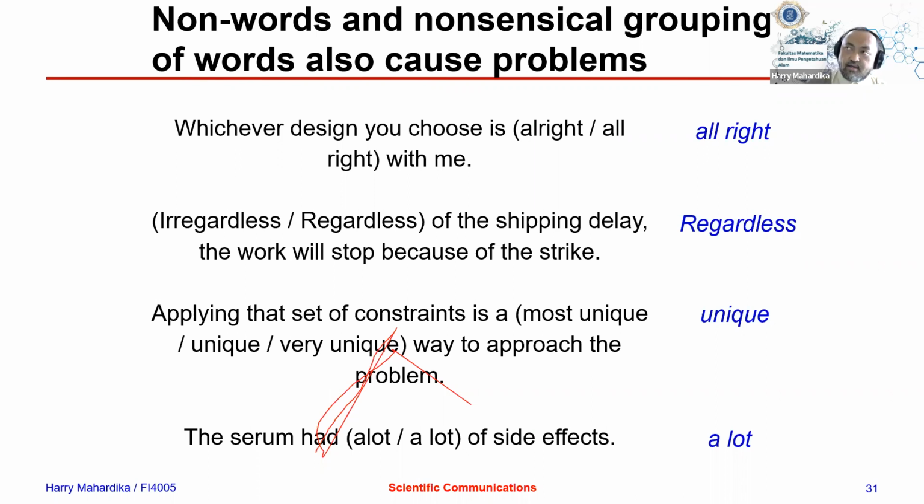So the words that we teachers use in the class, you don't use in the article. Especially if you're going to write a formal scientific article, please make sure that the choice of words you use is in a formal setting.